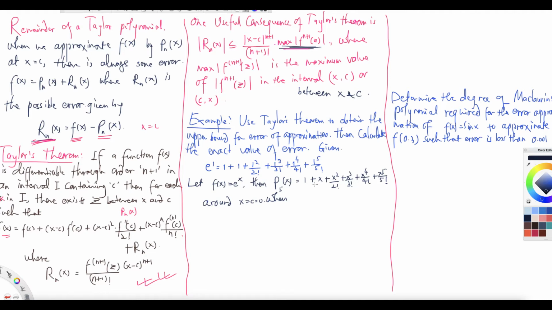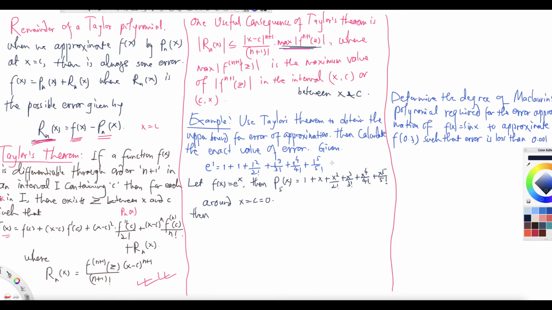Now if you want to approximate the value of e to the 1, you replace x by 1. Then this is the approximation of e to the x around x equals 0.